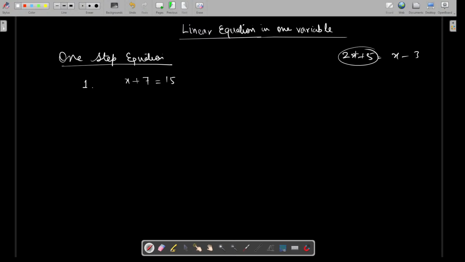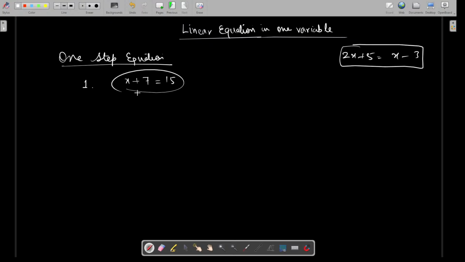So this is an expression which has variables and constants. We have compared here two expressions, this is the first expression and this is the other expression. While solving it, we'll see this is actually a multi-step equation. This is not the very basic level, so let's start with a very basic level.